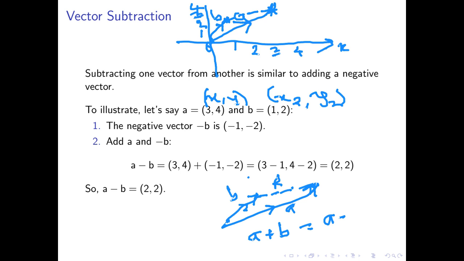So in that case, you see that all of B, which is 1 comma 2, will then become negative 1 comma 2.